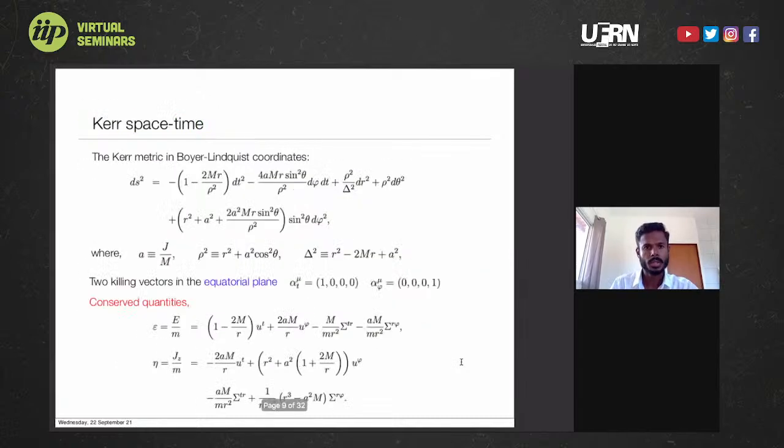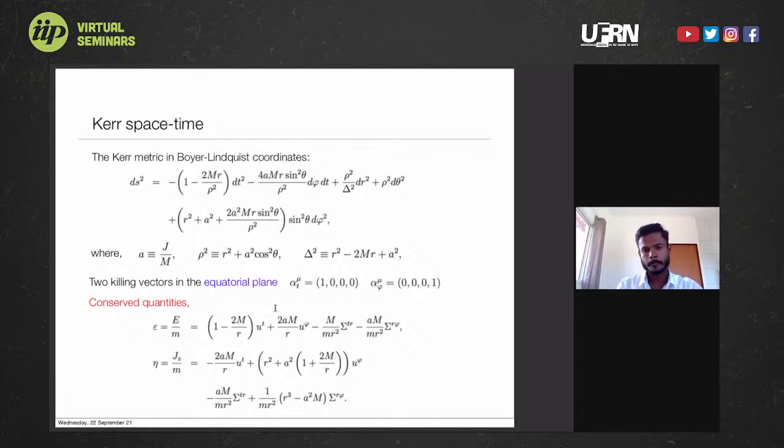So now let us start solving it in the Kerr spacetime. So it should be the simplest orbit. As we all know, the Kerr metric gives us the rotating vacuum solution of Einstein's field equation, and it is written in Boyer-Lindquist coordinates as shown here, where a is nothing but the total angular momentum per unit mass of the black hole, otherwise called the Kerr parameter, and this rho squared and delta squared are some notations used throughout the calculation.